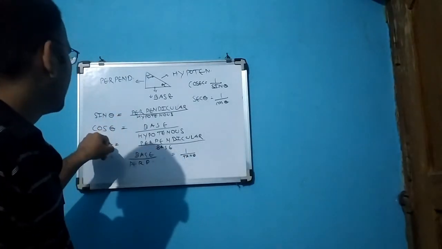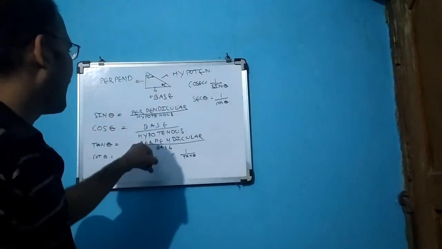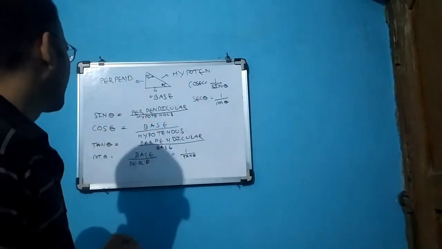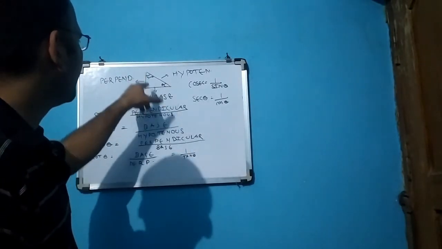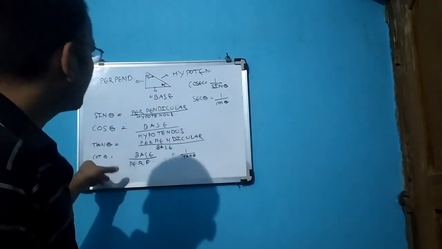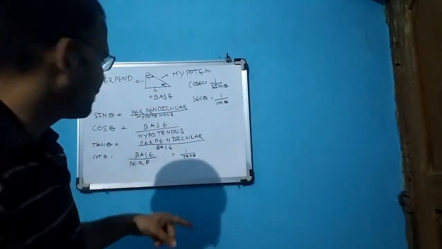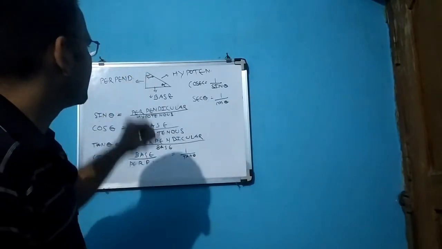And cos theta of this triangle would be base divided by hypotenuse. Similarly, tan theta would be perpendicular by base, and cot theta would be simply the inverse of tan theta, that is base by perpendicular.